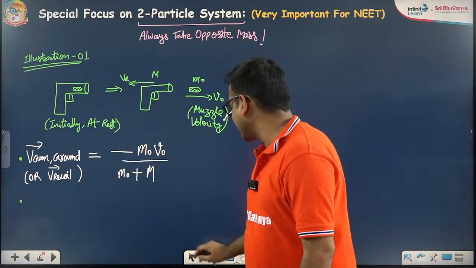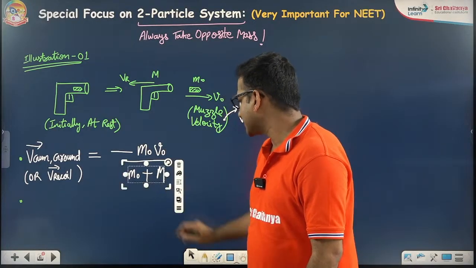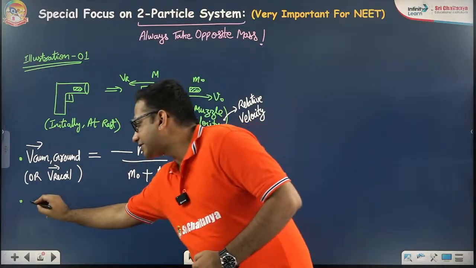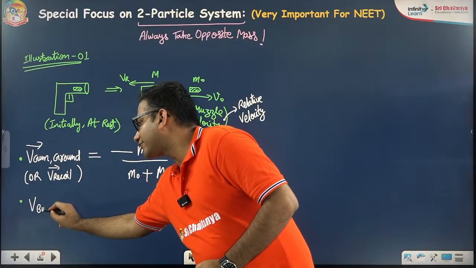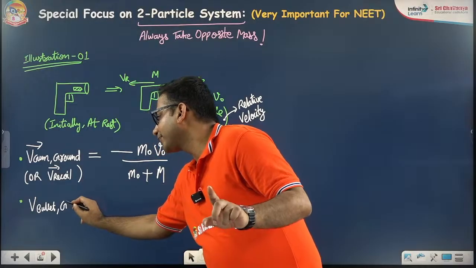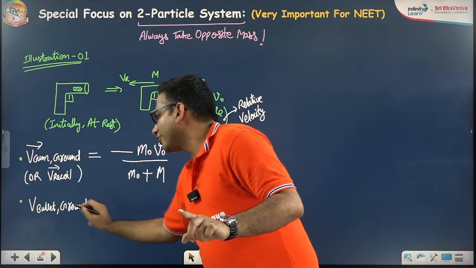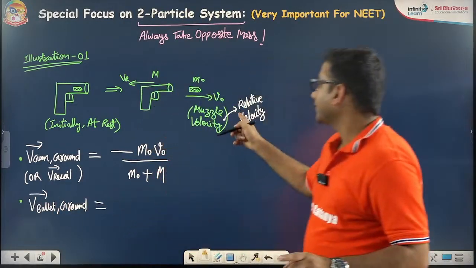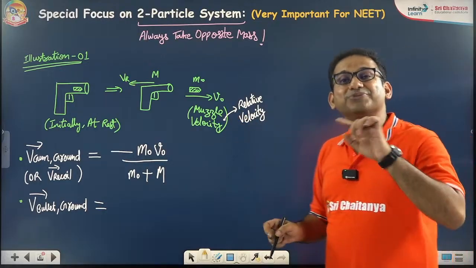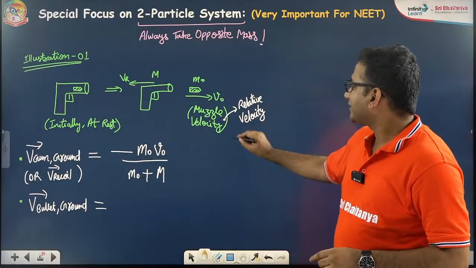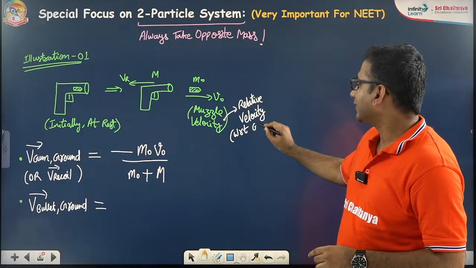Once again, this minus is only because of the direction. Suppose I want to write the velocity of the bullet with respect to ground. Remember dear that the velocity given in the diagram is not the velocity with respect to ground. It is the relative velocity with respect to gun.